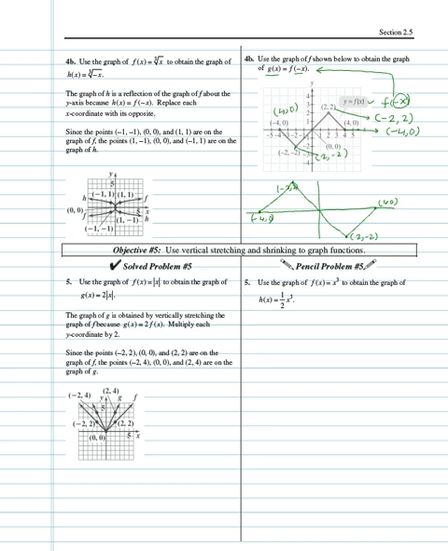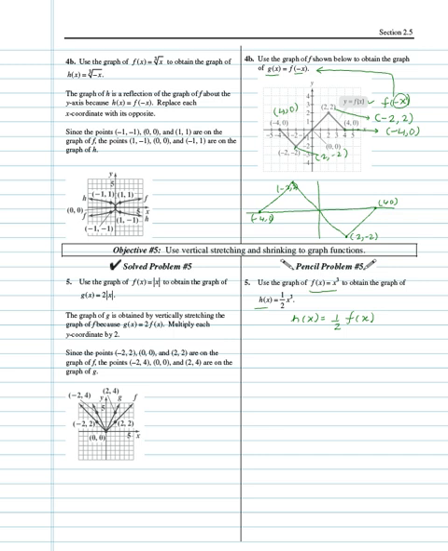So now let's go ahead and do the next problem. They're asking us to use the graph of x cubed to obtain the graph of h of x. They're saying that h of x is half of x cubed. So technically they're saying that h of x is half of f of x. And what is f of x? The graph of x cubed.